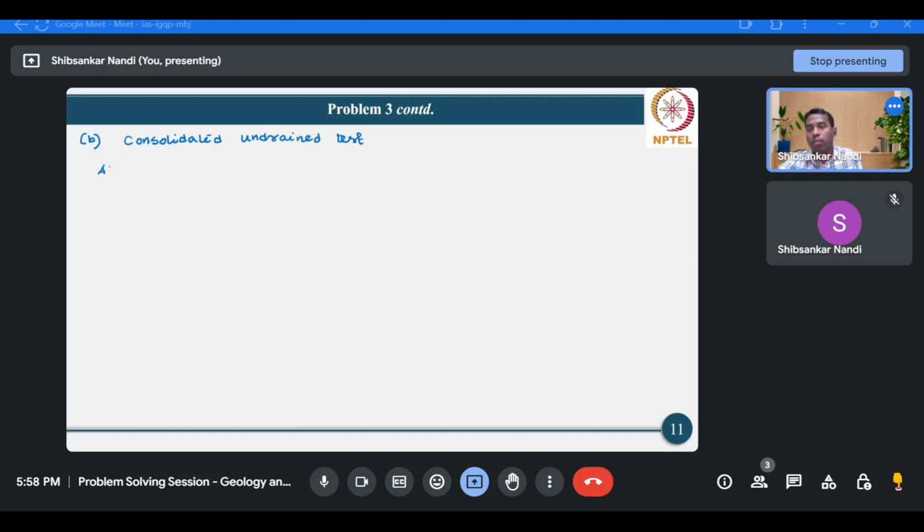So at failure, you can write sigma 1 prime equals sigma 3 prime tan square of 45 degrees plus phi prime by 2, since your c prime value is 0, for normally consolidated soil. Now again we can write that sigma 1 prime is nothing but sigma 1 minus u. Now u is nothing but the pore water pressure.